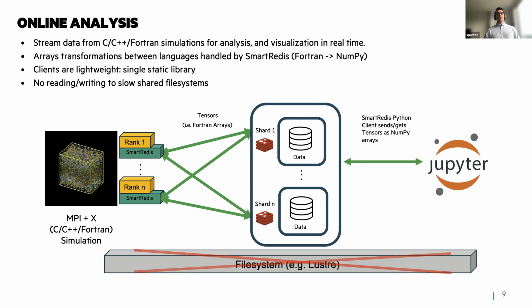In addition, all of those aforementioned processing abilities are available in the database, so that if you need to do some online processing before you do your visualization or analysis of the data being streamed from the simulation, you can do so. It's important to note that, once again, none of this goes over the file system, and you don't incur that cost.